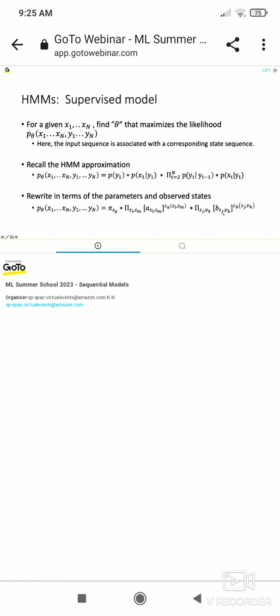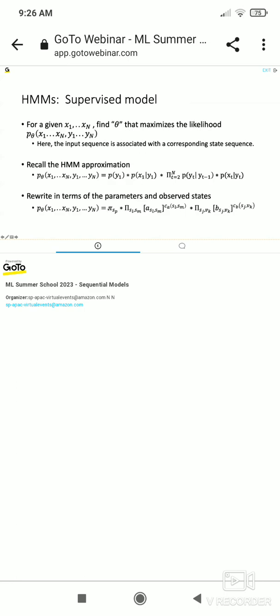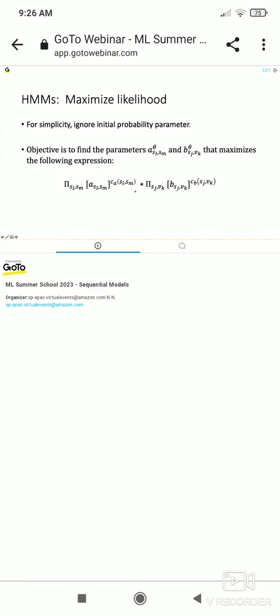The B_j's are the emission probabilities, and C_B indicates the number of emissions of the word V_k from the state S_j. For simplicity, ignore this term and try to estimate the parameters of the A's and B's.